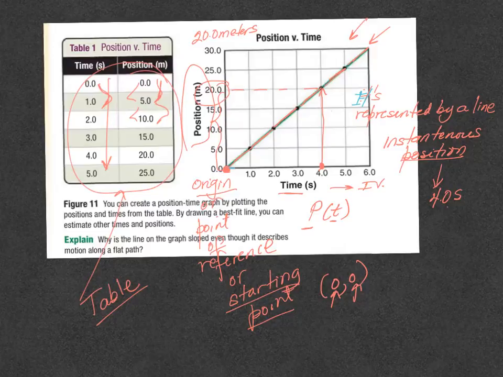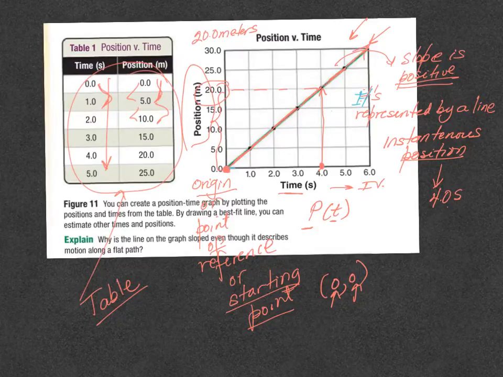Okay, Ms. Ramos, you're teaching us this like we are in second grade and we don't know anything about the slope. We know that this is a line and that the slope is positive. Okay? What does that mean, Ms. Ramos, that the slope of this line is positive?